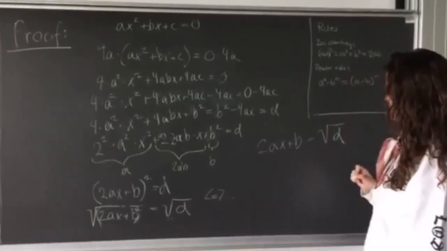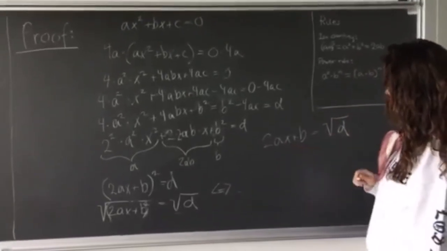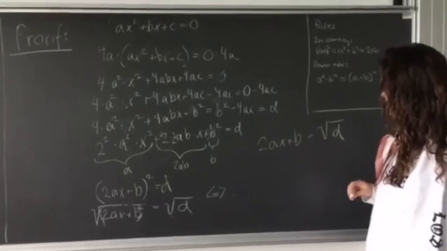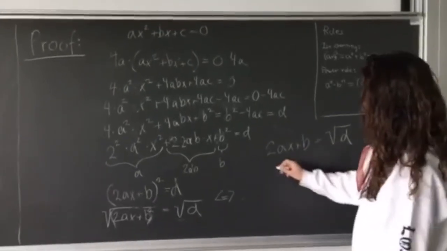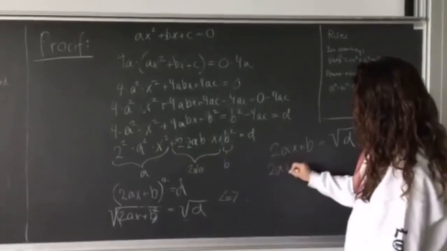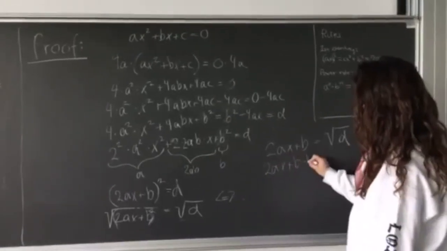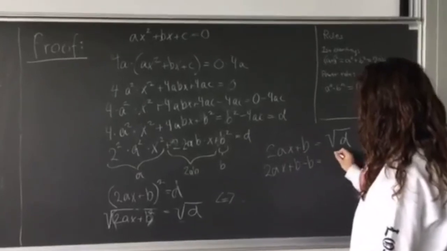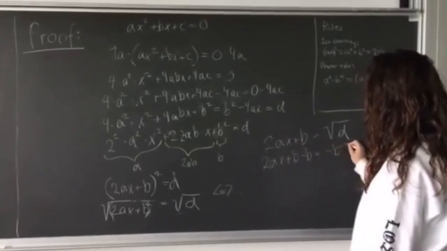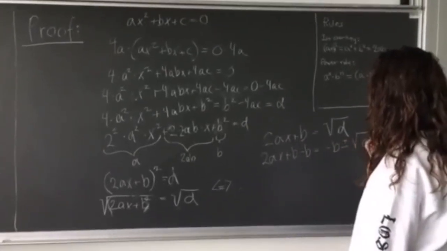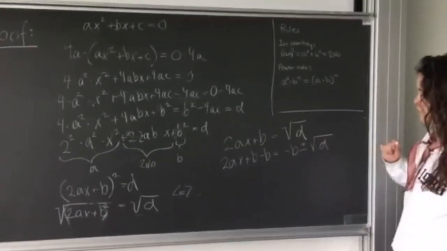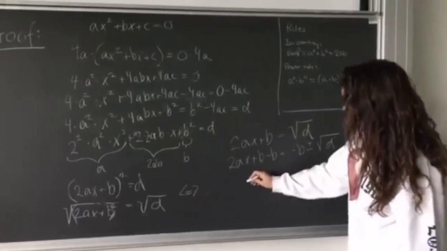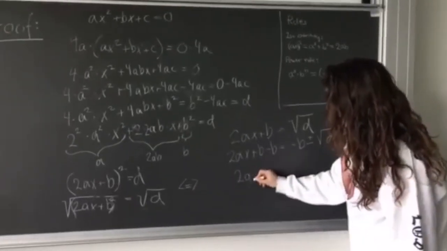like so. And now we just want to isolate x, and we'll do that by first subtracting b on both sides. And we'll do it like this. And then we need to add the plus minus, because with the square root we can do both. And then we will now be left with this.